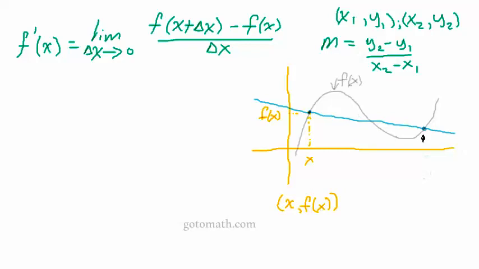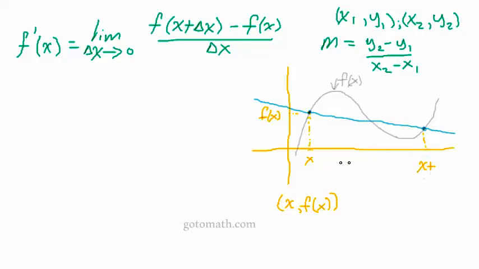Now this point is going to end up being, let's say we take this distance from here to here, and we're going to call that distance delta x. So it's going to be this number here plus the distance from here to here.